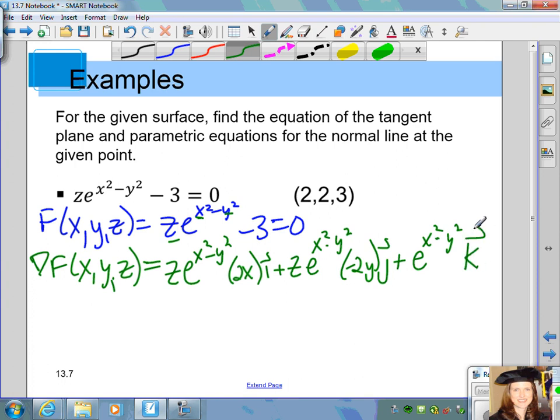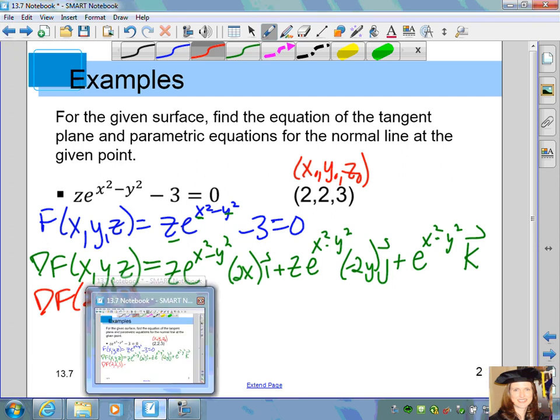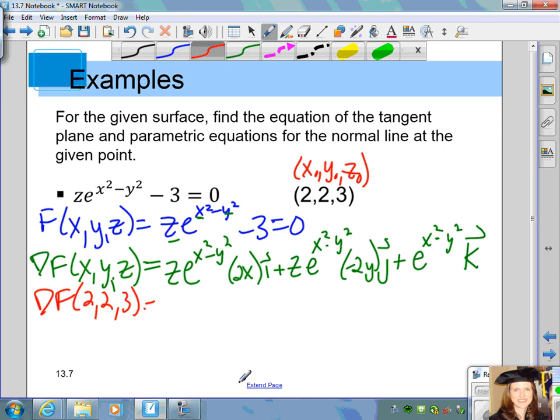Now let's evaluate the gradient at our given point. This point given is x sub 0, y sub 0, and z sub 0. The gradient is going to help us find our a, b, and c. When we evaluate the gradient at the point 2, 2, 3, plugging in 2 for x, 2 for y, and 3 for z, and then simplifying, we get this will all simplify to 12i.